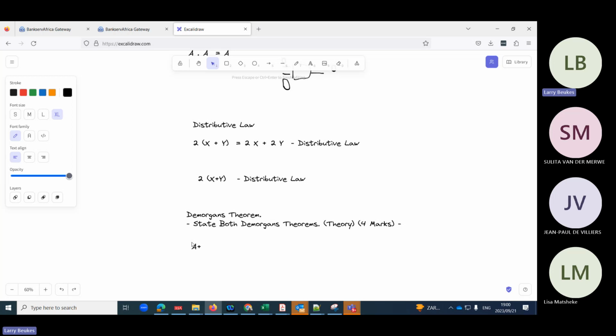A plus B, right? So De Morgan's theorem says if A or B, now let me put our thingy. If you need to divide these two things, you need to break the line and change the sign.